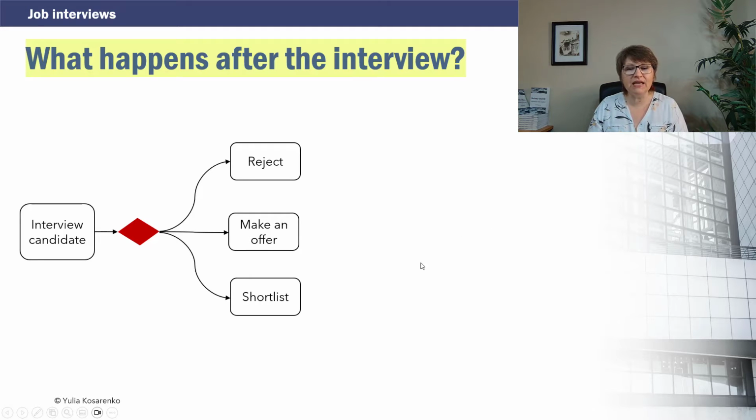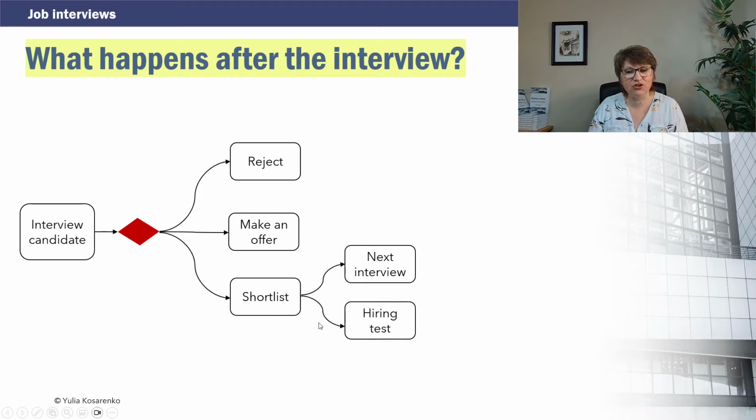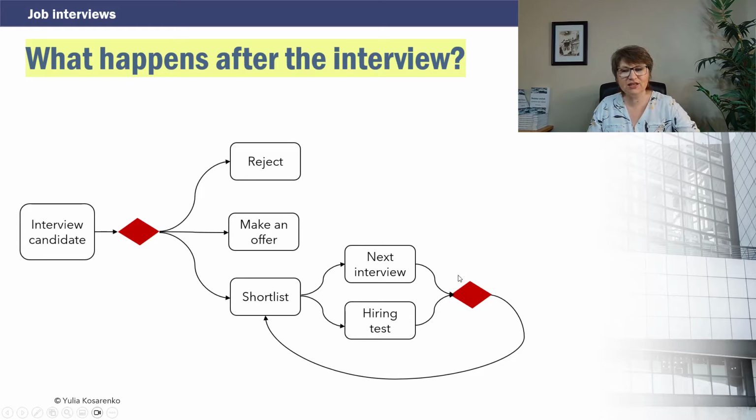At that point, if you have been shortlisted, then you're going to move on to the next interview, which could be of a different nature. Or you could move on to a hiring test. And again, some employers choose to do an interview first and then follow it up with a hiring test. That process can continue a few times.